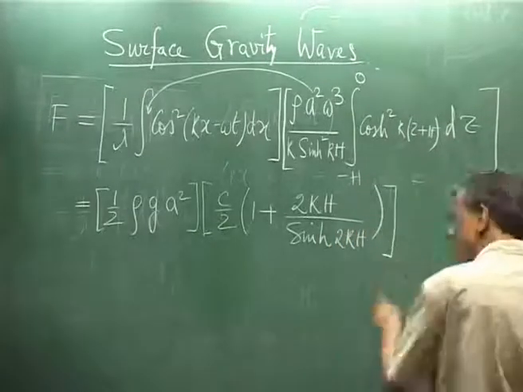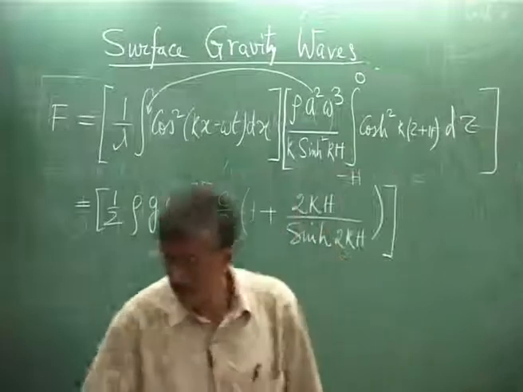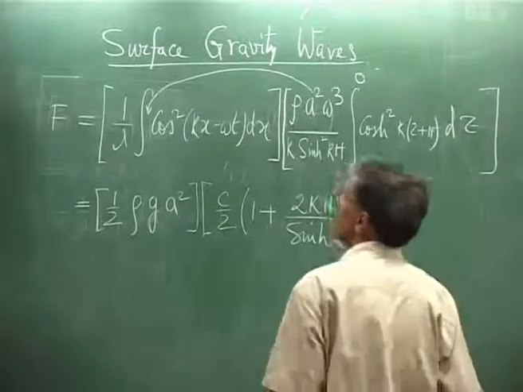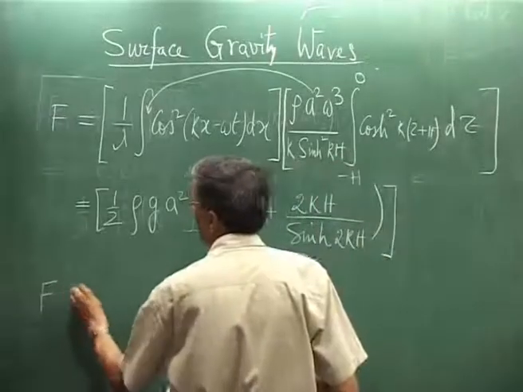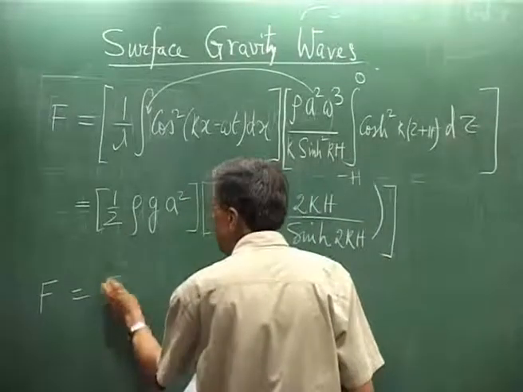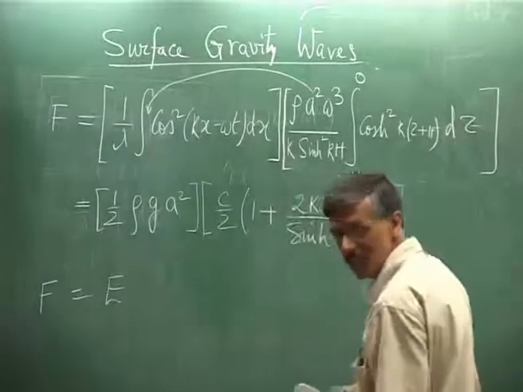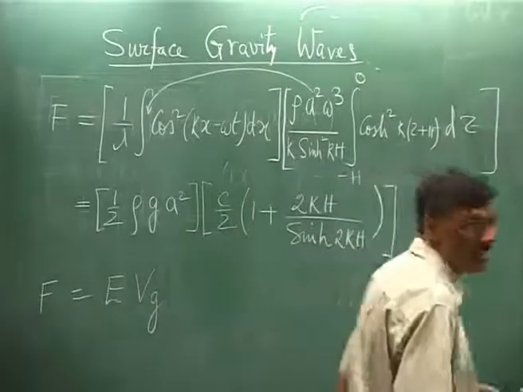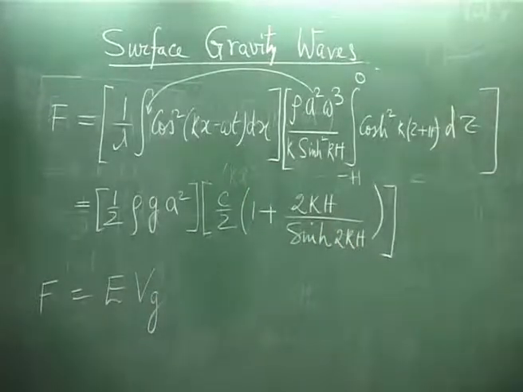So essentially after all that, what you are seeing is that F is equal to E, the total energy we have just derived, times Vg.